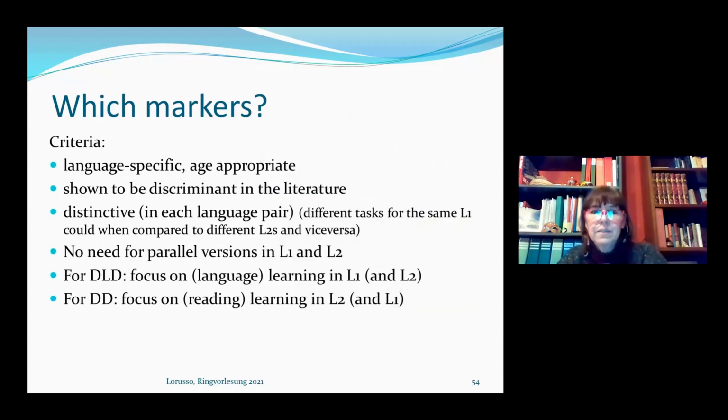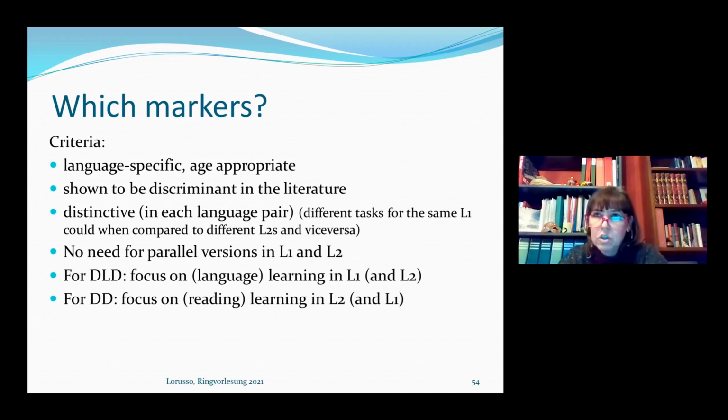The markers had to be language specific and age appropriate, and had been shown to be discriminant in the literature between the two populations of language or reading disorder and TD children. They also had to be distinctive for each language pair.